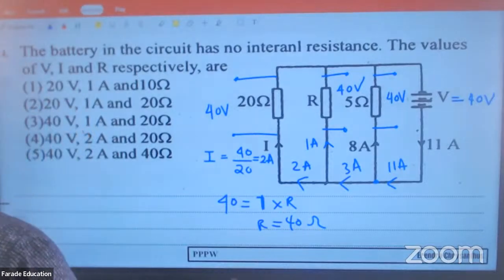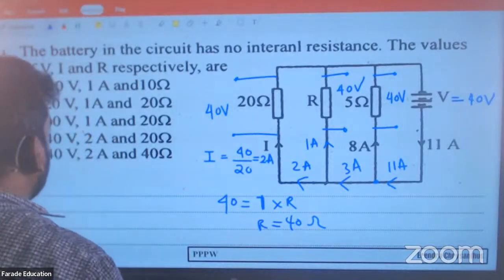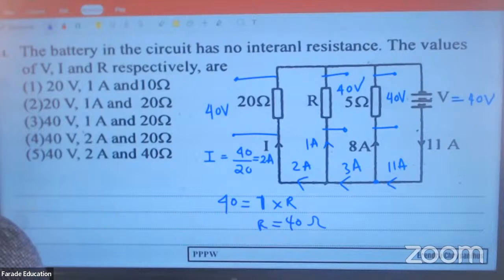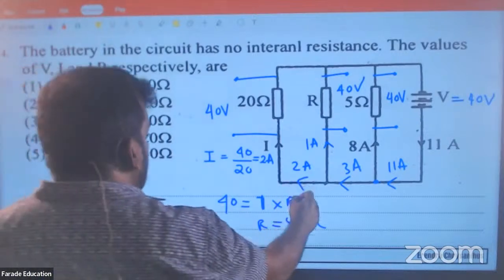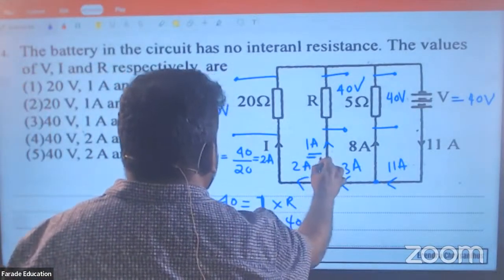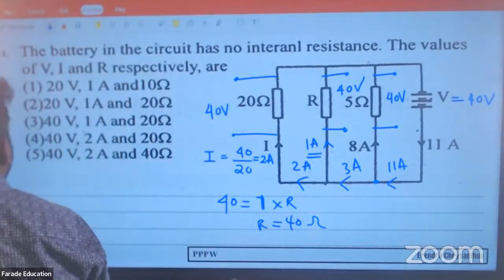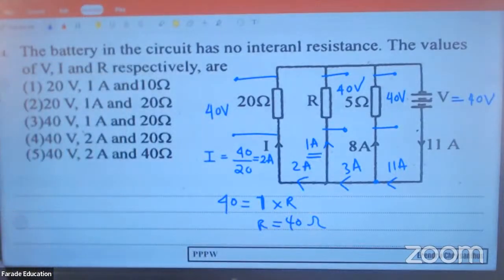So the EMF is 40 volt, current is 2 ampere, current is 1 ampere, current is 1 ampere. There you go. Resistance is 40. Answer is answer number 5.